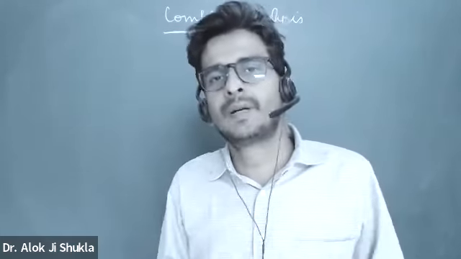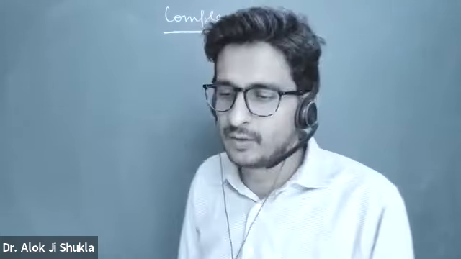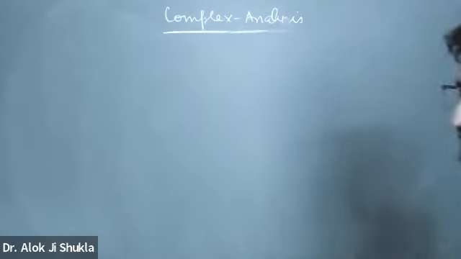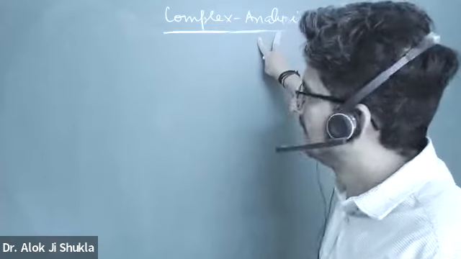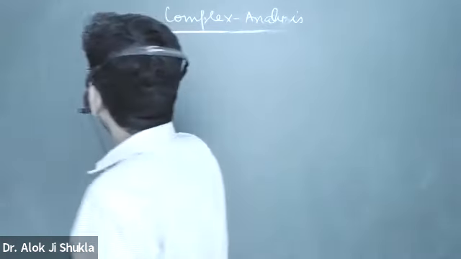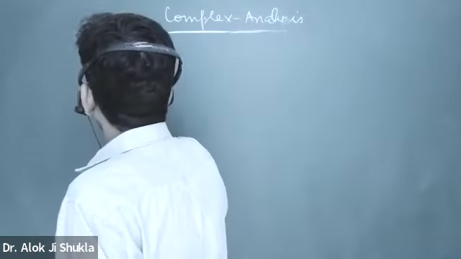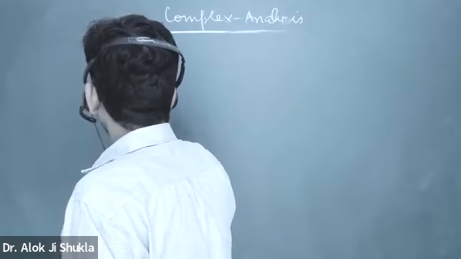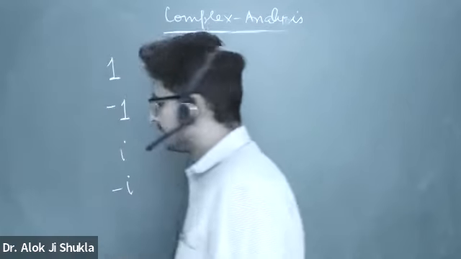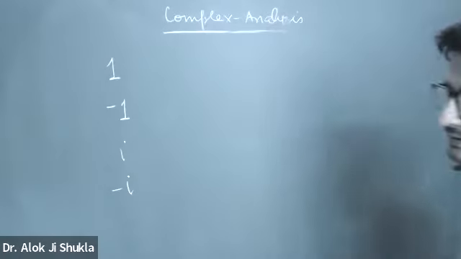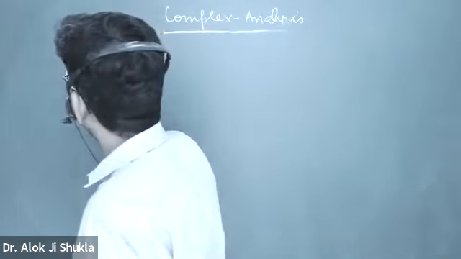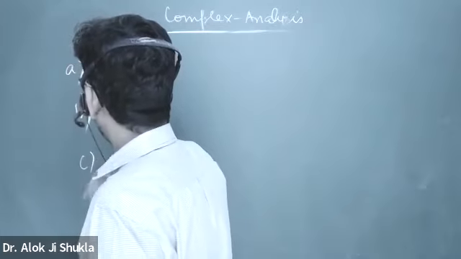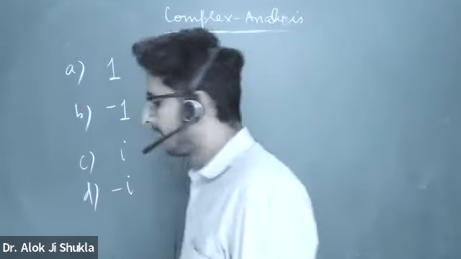If I write all numbers in the form of complex numbers, it will become a general number and every number will be a subset of complex numbers. So for that, I need to write only 1, minus 1, iota, and minus iota, these 4 numbers, using Euler's equation. If I can write these 4 numbers, then any complex number can be made.